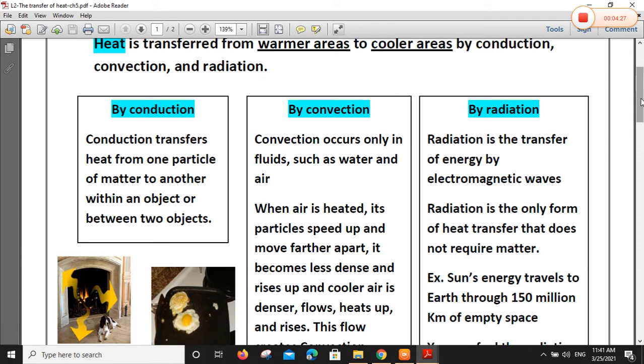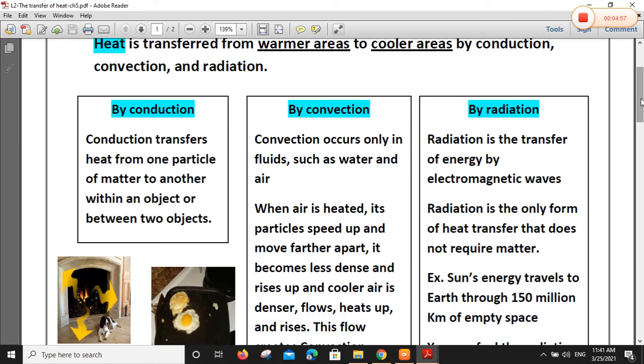So radiation is the only form of heat transfer that does not require matter, because you mentioned sun energy or sunlight. Sunlight passes to us through space, through a vacuum, with no medium, no matter, no particles of air. So it doesn't need particles to transfer the thermal energy.